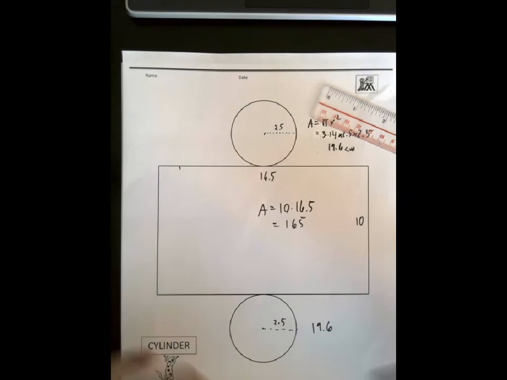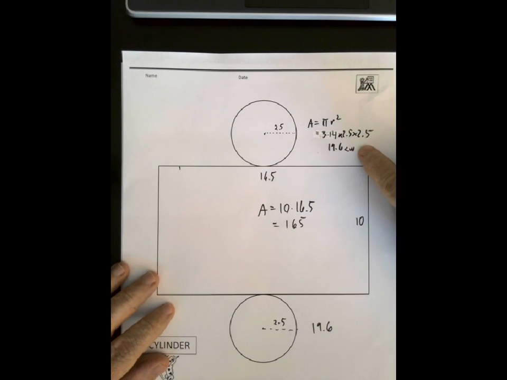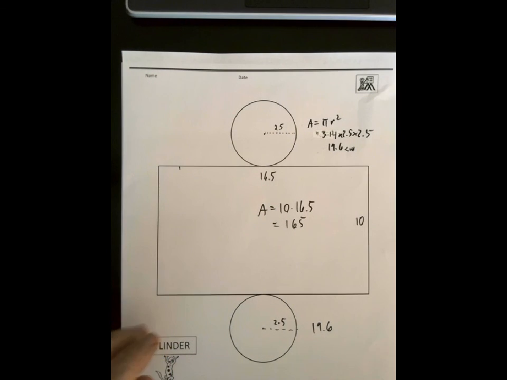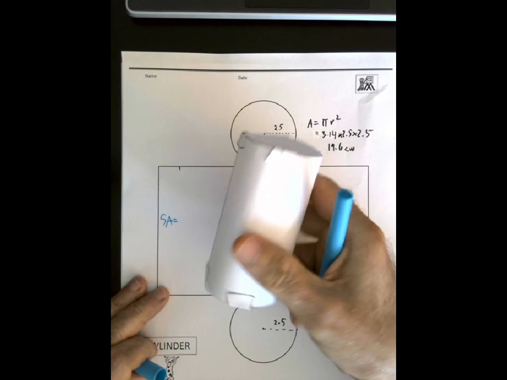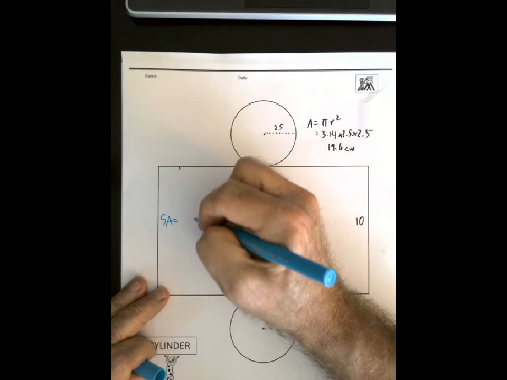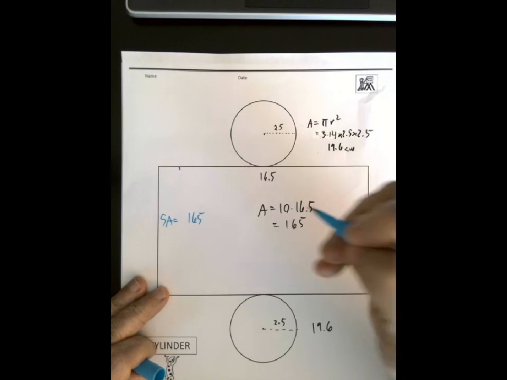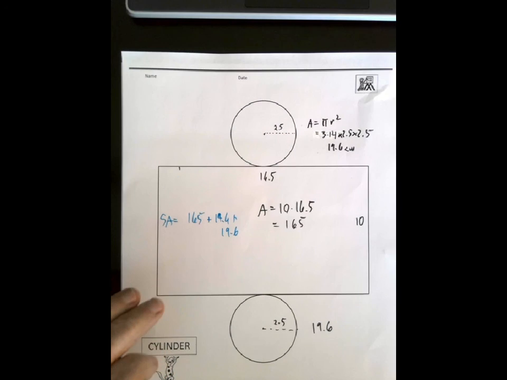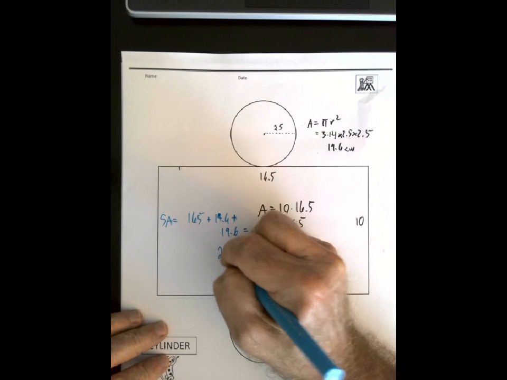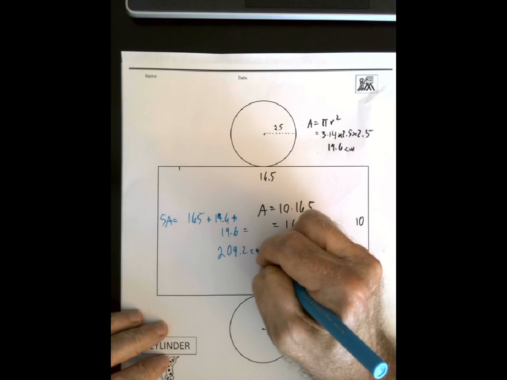So to get the total area, we add 165 plus 19.6 plus 19.6, which works out to be 204.2 square centimeters.